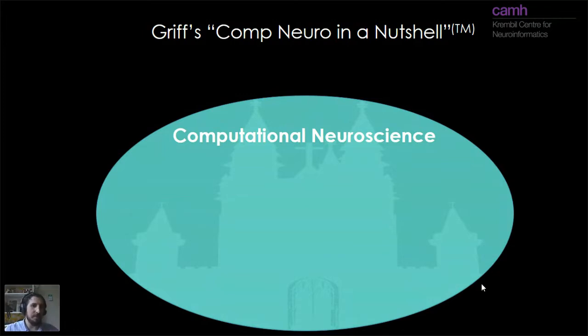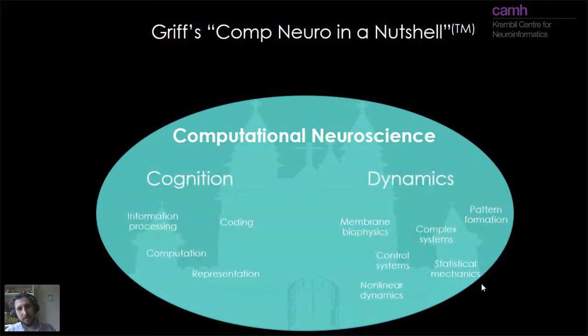Because it covers aspects of machine learning and mathematics and theoretical physics and computer science. So in a sense, it's an even broader field than neuroscience itself. But certainly it's a broad church. That said, you can roughly summarize the activity that happens in the field of computational neuroscience in 2 broad domains, which I've got here.